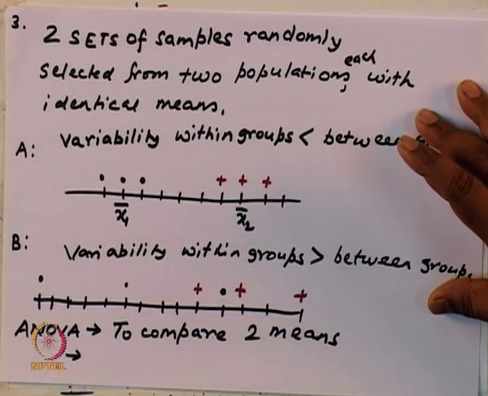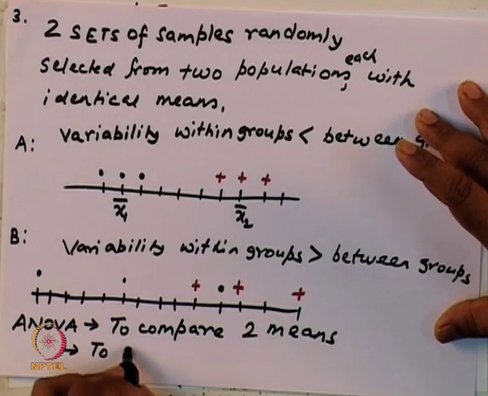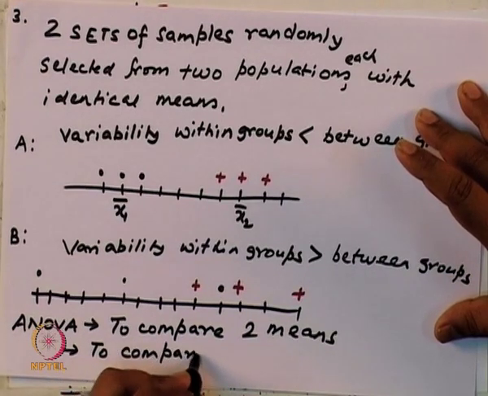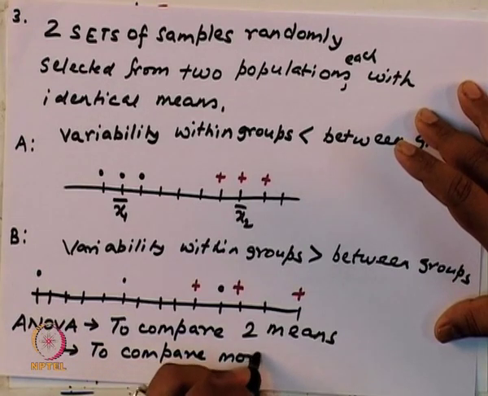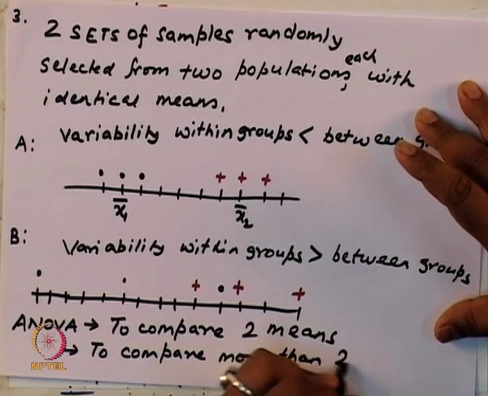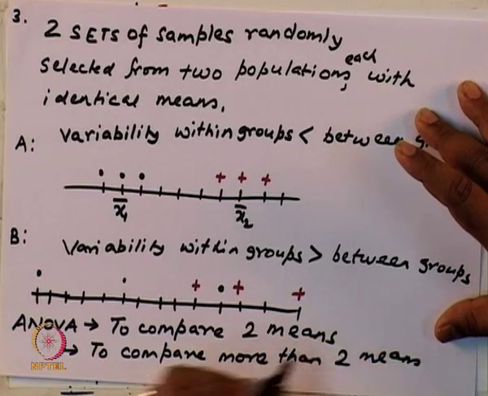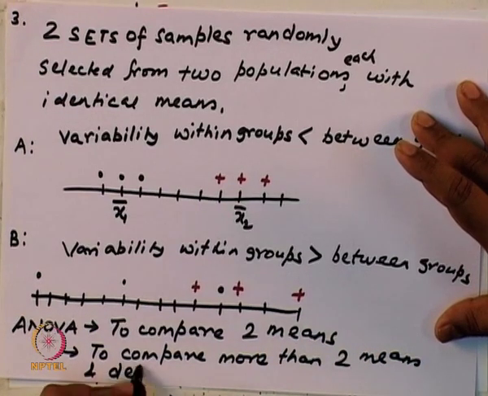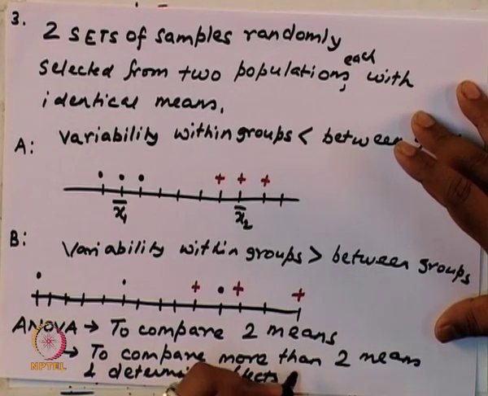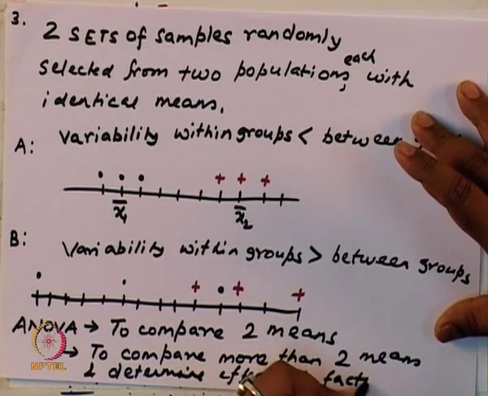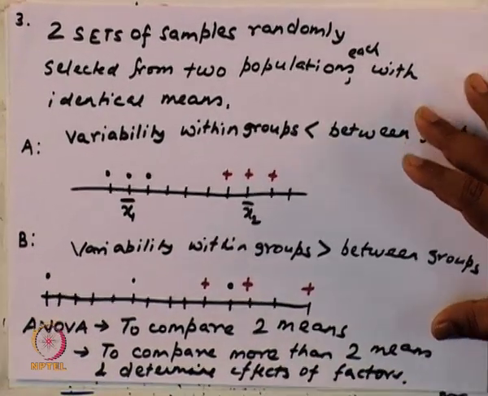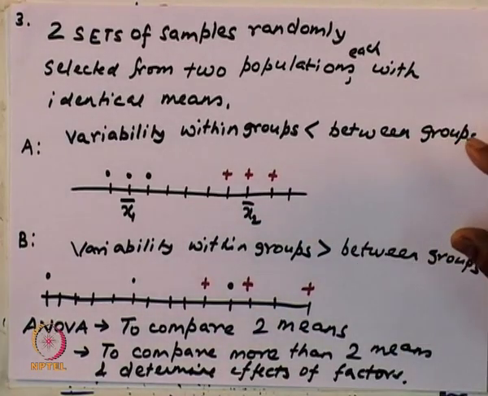It can also be used to compare more than two means and determine effects of various factors. So, in ANOVA you can do one of the two. As we said, let us take an example.